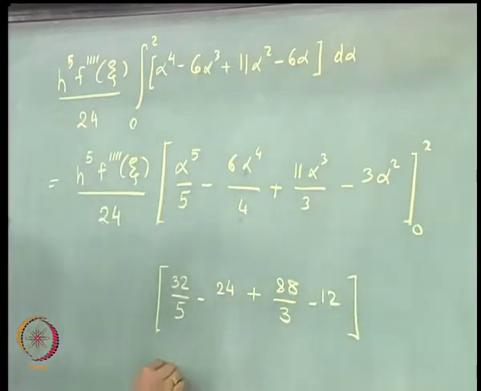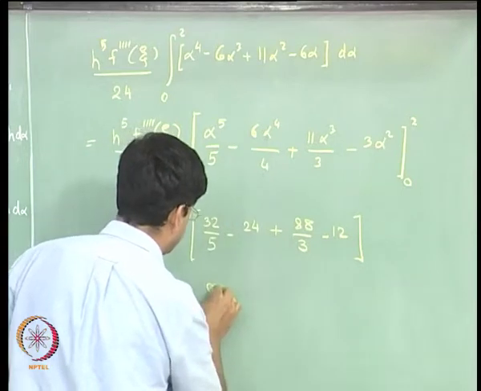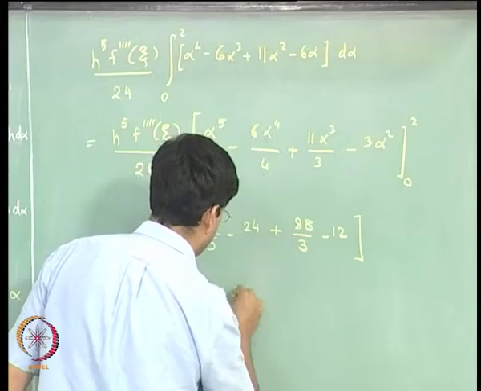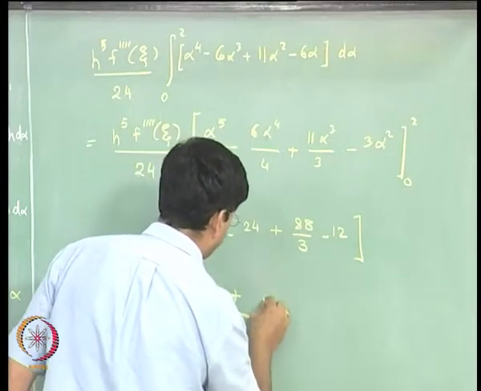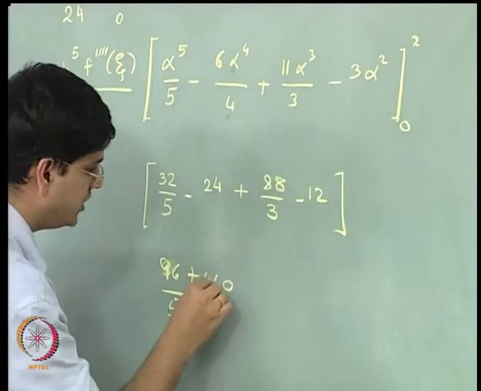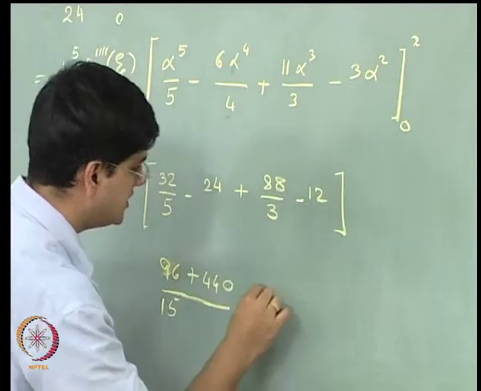Okay. So this is 32 by 5, that is 396 by 5, plus 88 multiplied by 5, 8 fives are 40, 440 divided by 15, minus 36.